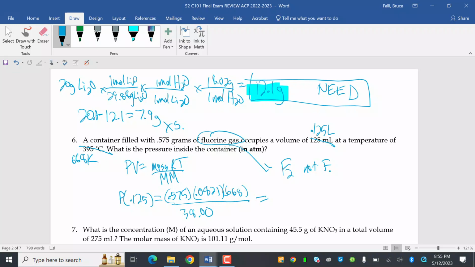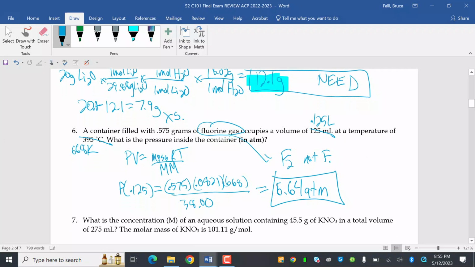So I'm going to do 0.575 times 0.0821 times 668 divided by 38 divided by 0.125. And I get 6.64 atmospheres, which is wickedly high. So if this was my real class, I'd double check that. That seems like a really high pressure. That's 6.64.